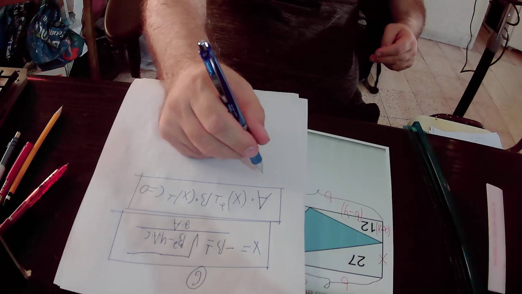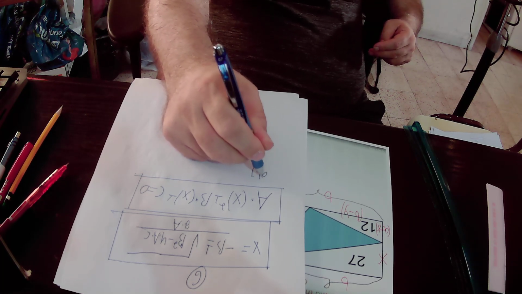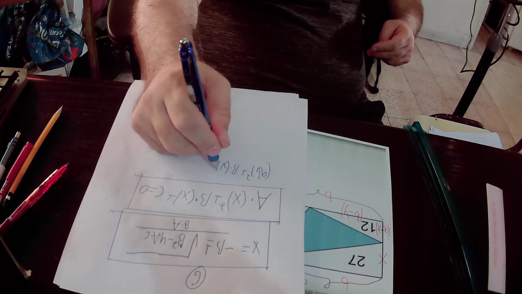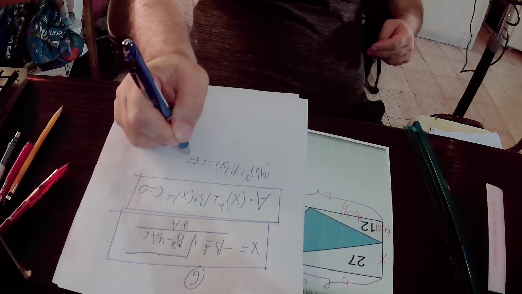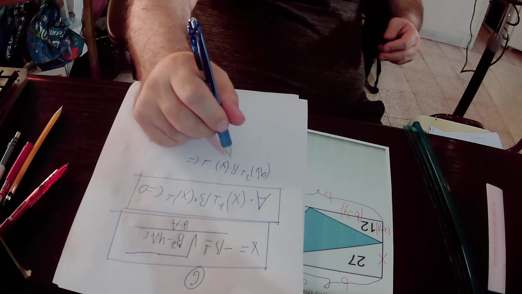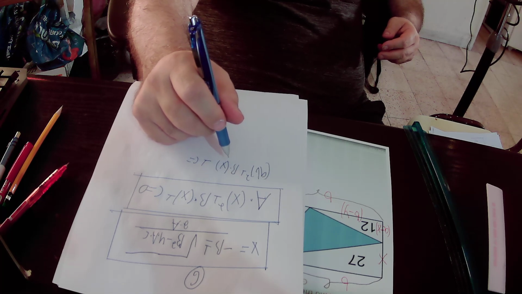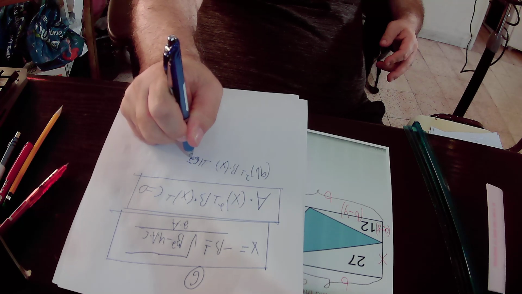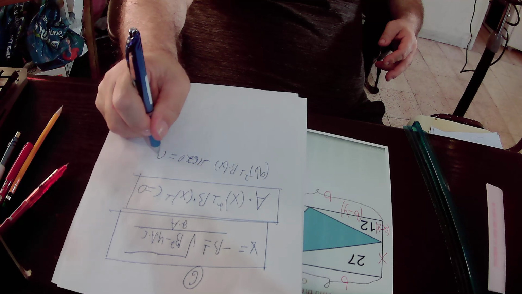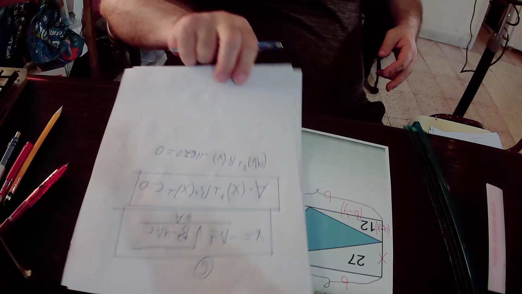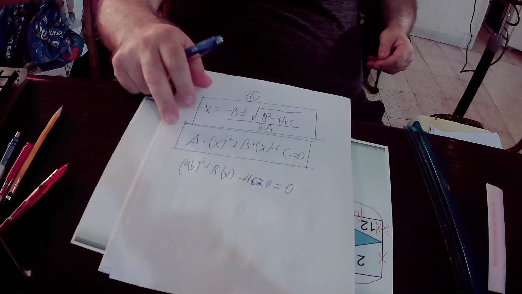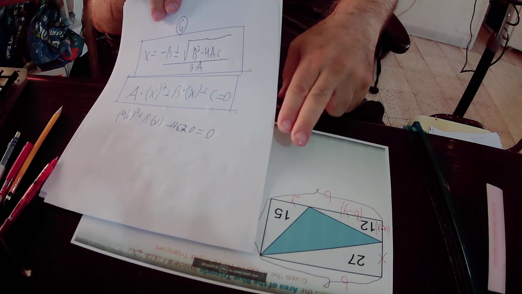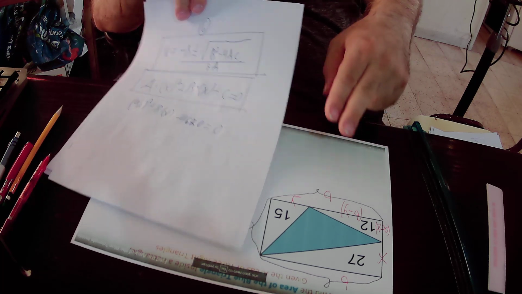Okay, so this is the quadratic equation that we derived from the first equation, the formulas of the areas of the three right triangles.